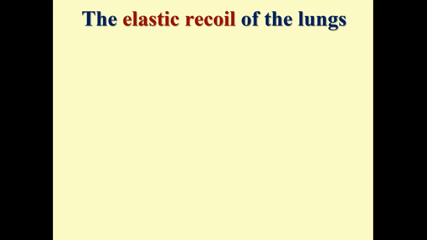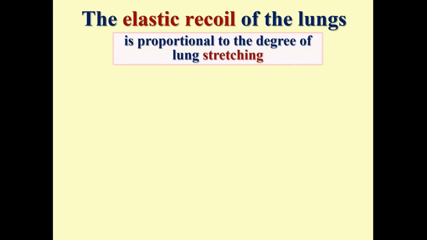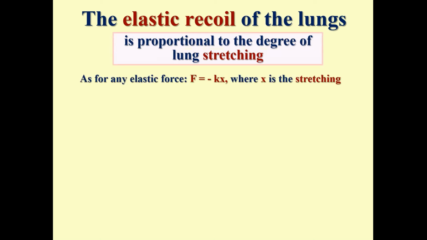Let's consider the elastic recoil of the lungs. First, it's proportional to the degree of lung stretching and it is directed oppositely. From physics, we know an equation that elastic force is proportional to the degree of stretching. Here it's x, but the direction is opposite to stretching, so it's minus, and k is just a coefficient.